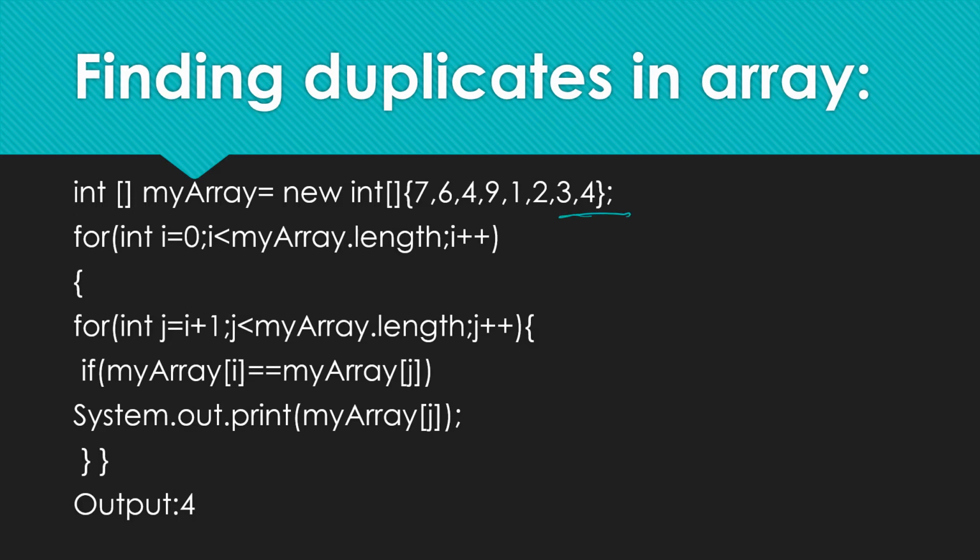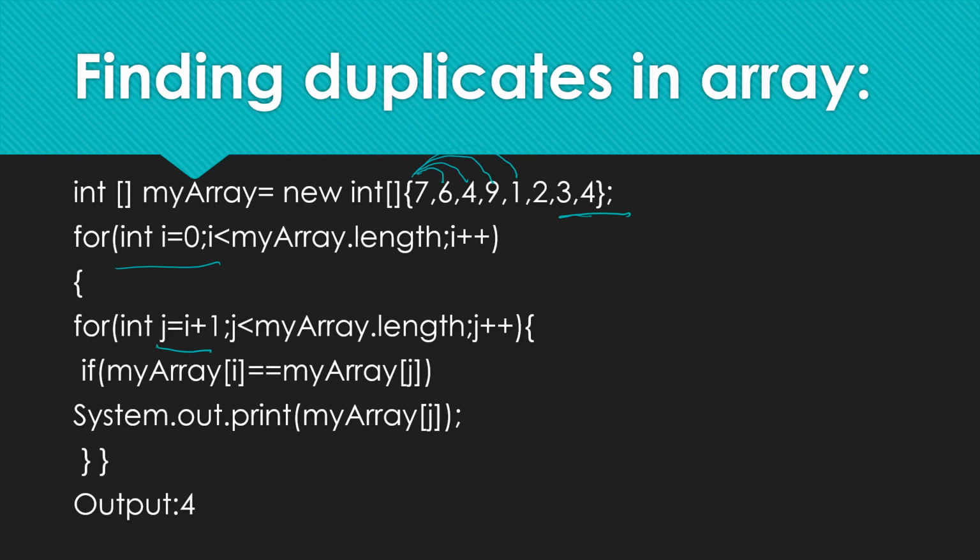Then we are traversing through the array using a for loop here, and we are using another for loop, because we are going to check 7 with 6, and then 7 with 4, and then 7 with 9, and then 7 with 1.